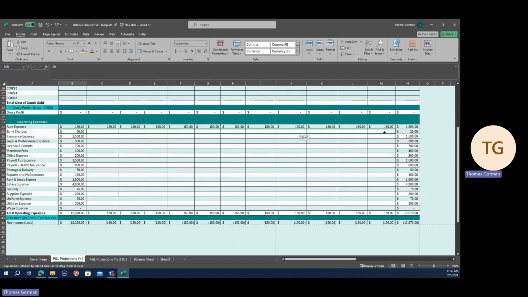We want to stop in month December. Okay. Here, go all the way to December. Legal, professional, all the way to December. Licenses and permits. Again, I said we're only going to pay that once per year. So for the rest of these, we are just going to enter in zeros.